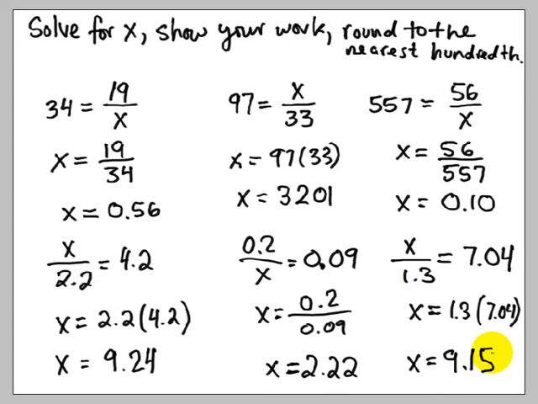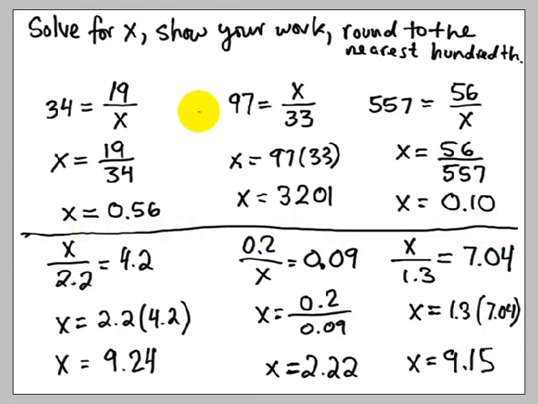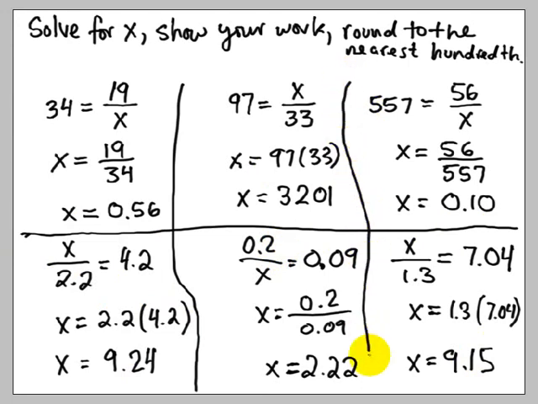Okay, so I hope you understand solving ratios now, because these are the kind of ratios that are going to come up a lot in the course. And that's really all the algebra you need to know to be successful in this course, is just how to solve these little tiny algebra equations.